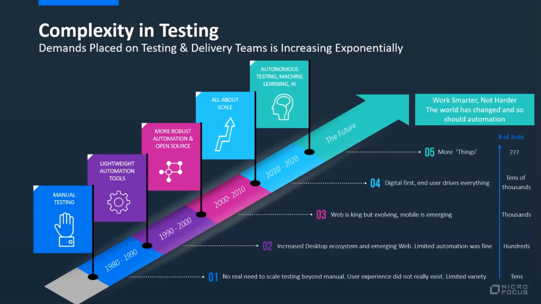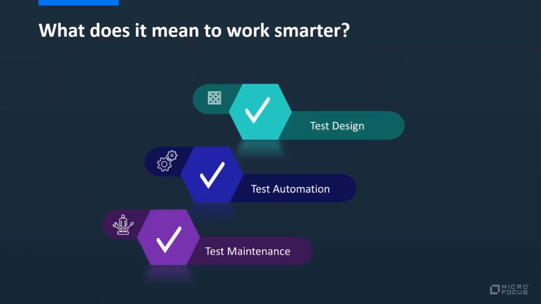Now, with the need to be smarter, here at Micro Focus we have been looking at some technologies, which we will show you later on in today's session, and how those are incorporated into our solutions. But what does it mean to be smarter? In our space, it means that we need to be smarter with the way we do test design. It means that we need to be smarter with the way we do the overall test automation.